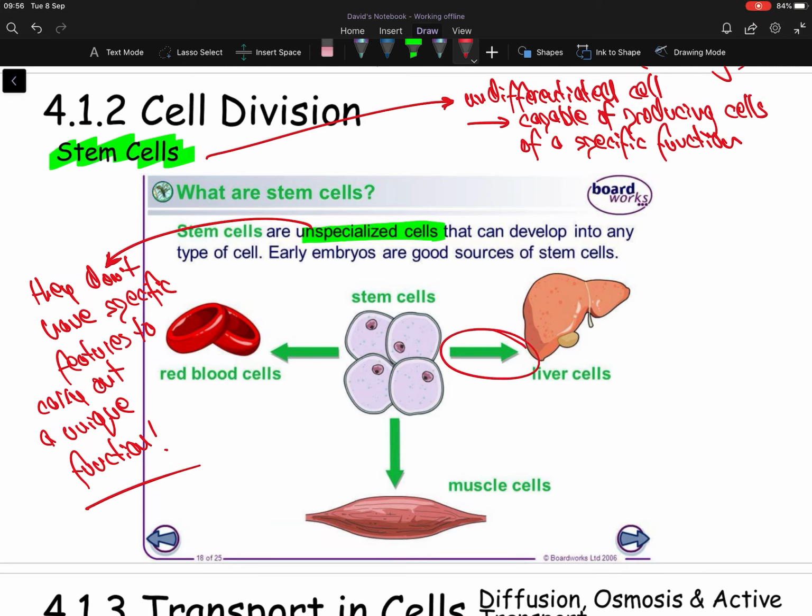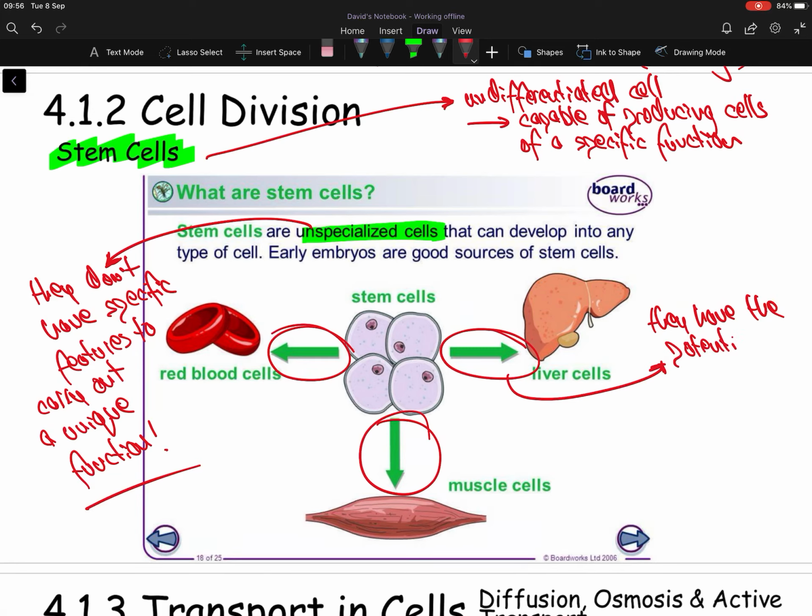But what they do is, they have the potential to develop these features.